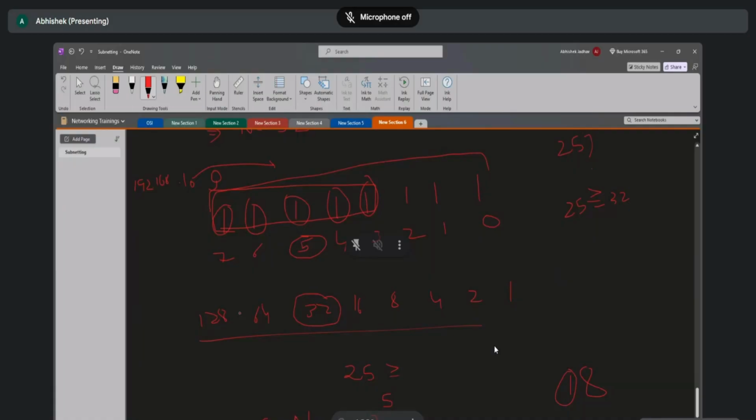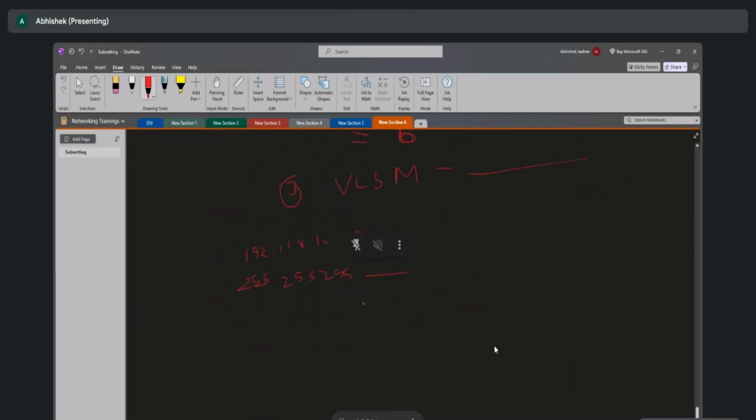No, no. 224 will come when you add this with this and then with this. We have two more values here. What's 224 plus 16? 240, I guess. Yeah, exactly. So it will be 248.